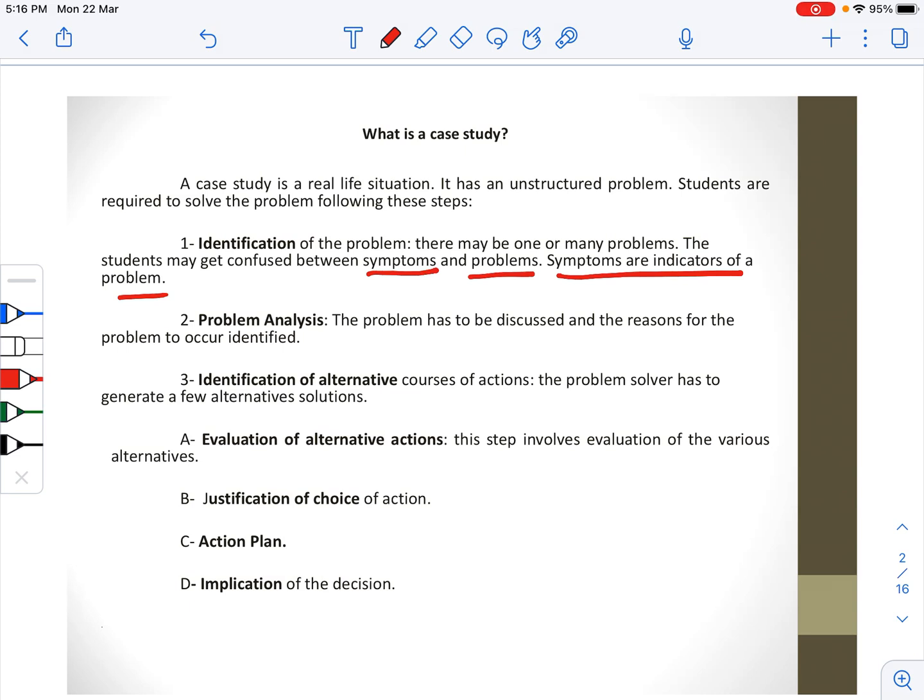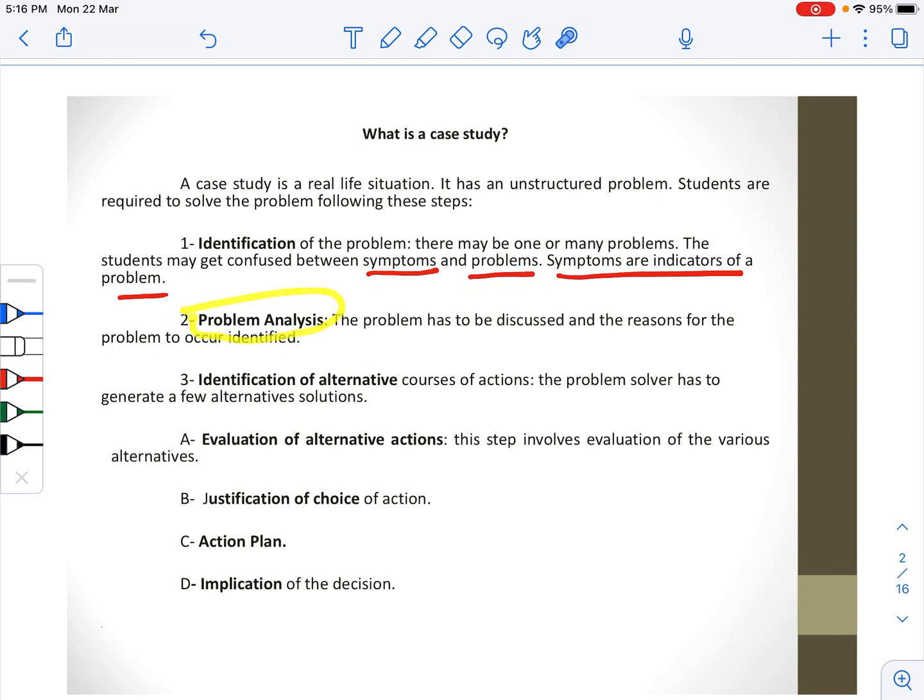The symptom of the cancer, if it's lung cancer, maybe you'll be coughing. So coughing is a symptom and not the problem itself. In an ethical case study, you also need to understand which ones are the symptoms and which ones are the problems.